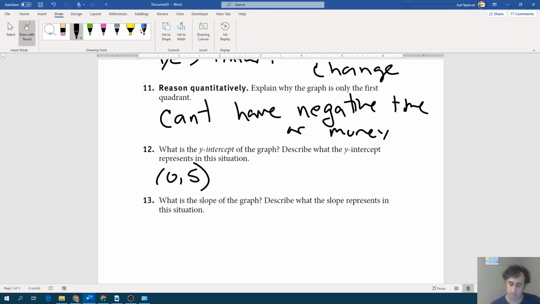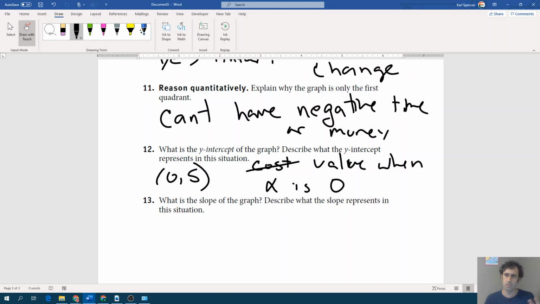This one's kind of funky per se, but it's the cost value when x is 0. Now, I realize for this situation, it's a little funky. There's a $5 cost with a 0-hour rental fee, but we'll move past that. But that's just looking at the y-intercept, where that intersects.